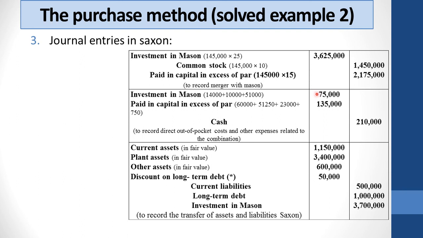These are 75,000 plus 3,625,000. You need to close investment in Mason. It's placed here in the debit. Bring it in the credit to close it, as it is a temporary account. And by this, you have recorded the combination process between Saxon and Mason.